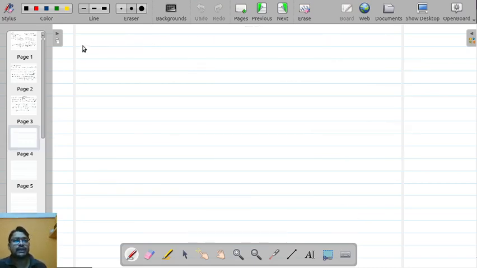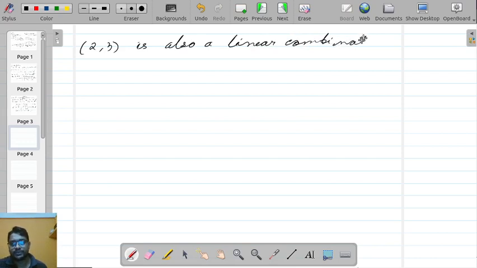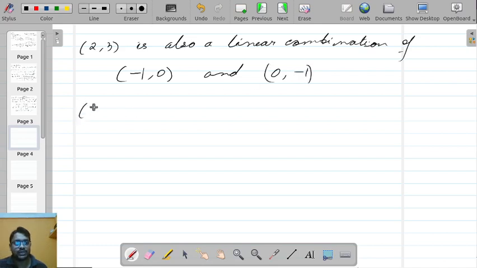Similarly, (2, 3) is also a linear combination of some other vectors, say (-1, 0) and (0, -1). Can I write it this way?